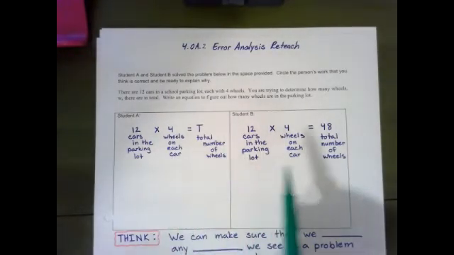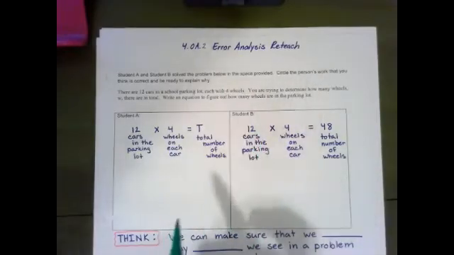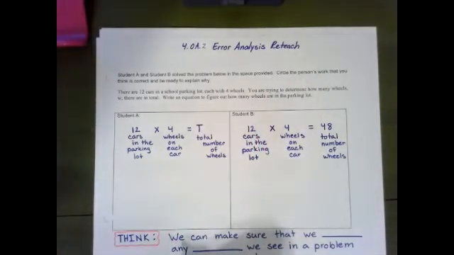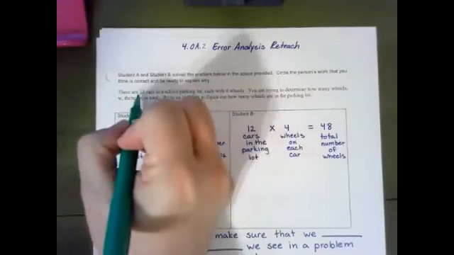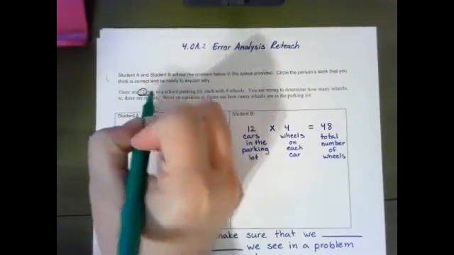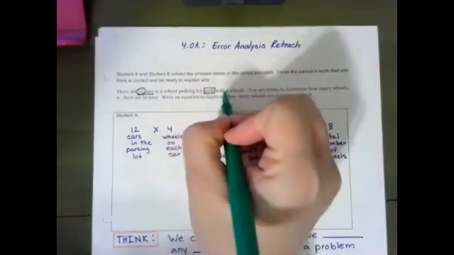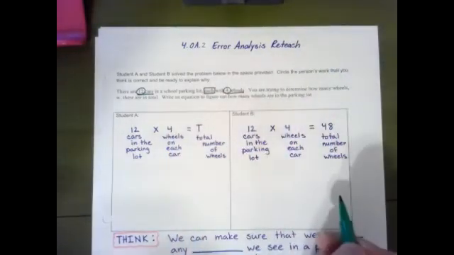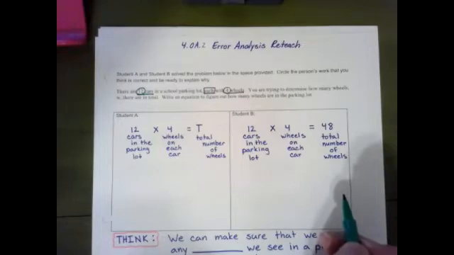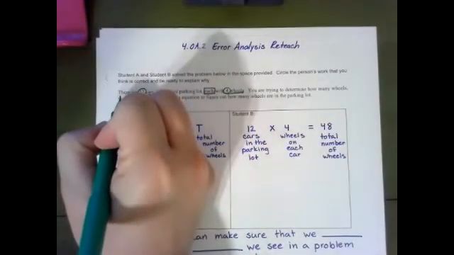While you're looking at the work, I'm going to read and annotate the problem. There are 12 cars in a school parking lot, each with 4 wheels. You are trying to determine how many wheels, W, there are in total. Let's actually use T for total.